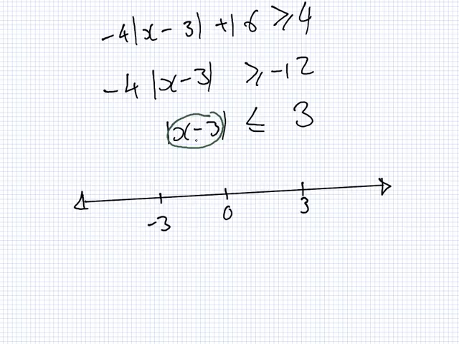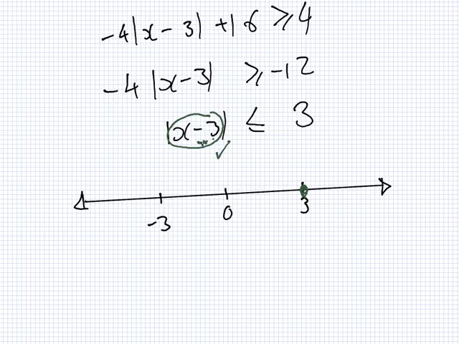What's the absolute of 4? 4. Absolute of 5? 5. These are too big because we need this to be smaller than or equal to 3. What about the absolute of 3? It is 3. This is good.